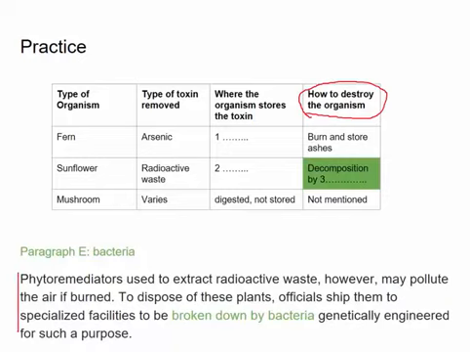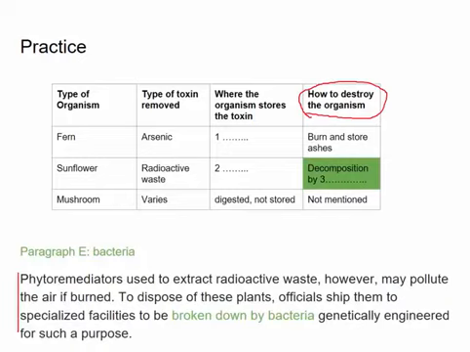It says, let's just read the whole thing. Phytoremediators, wow, that's a long word, used to extract radioactive waste, however, may pollute the air if burned. To dispose of these plants, okay, that's how we're destroying the organism, all right, so that's where the keyword should take you to find this information.